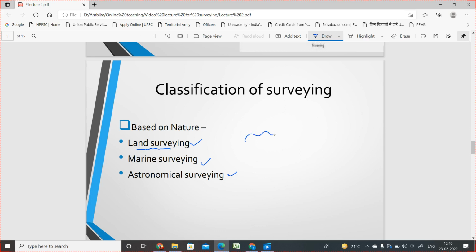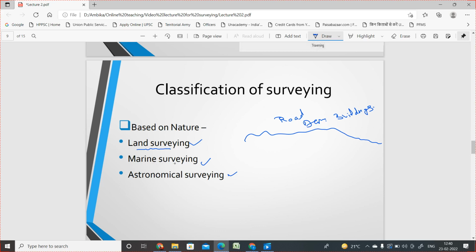Generally, most of the time we perform survey only on the ground. Suppose you want to construct a road, a dam, or buildings, so all these things are constructed on the surface only. So such type of surveying is called land surveying.